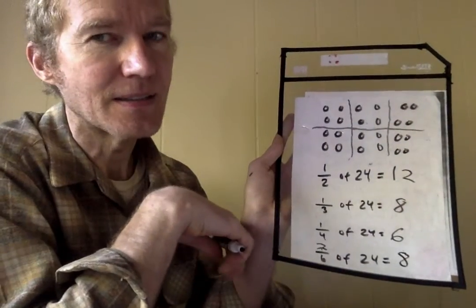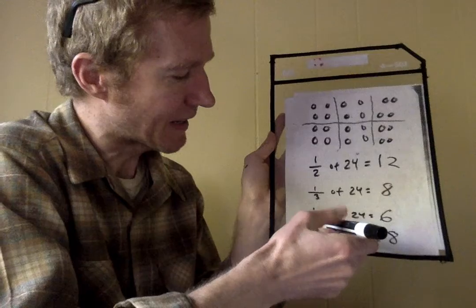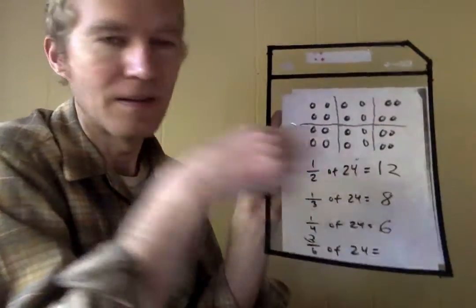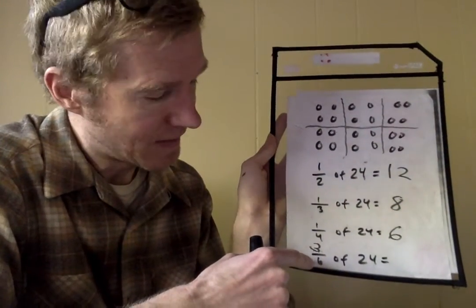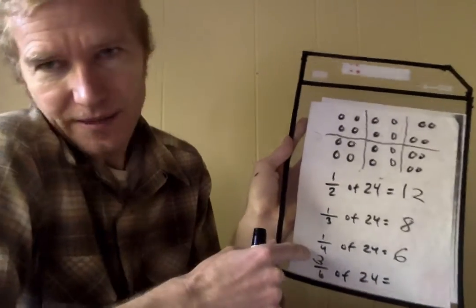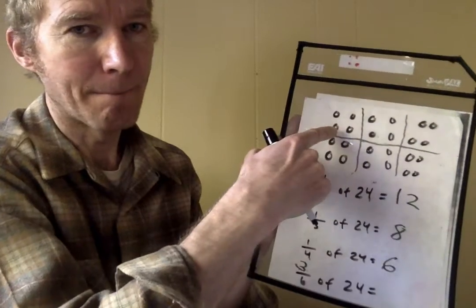8 pieces. What if you said 3/6? Well, we cut it into 6 pieces. We want to know how many are in 3 of those 6. Let's count them up. Well, this one's got 4.